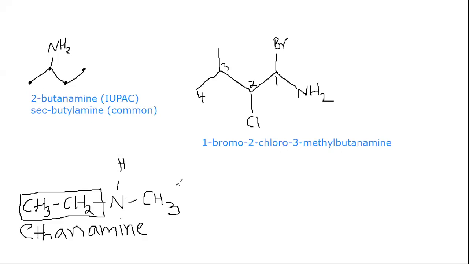Now, what is this group called? This group is called methyl. And methyl is attached to what? Nitrogen. So the name of this compound is N-methyl. Why am I saying N-methyl?